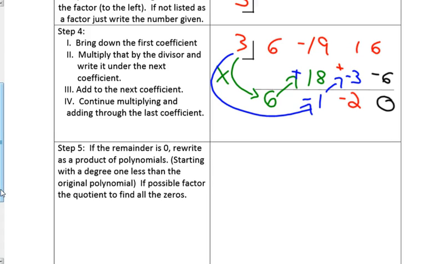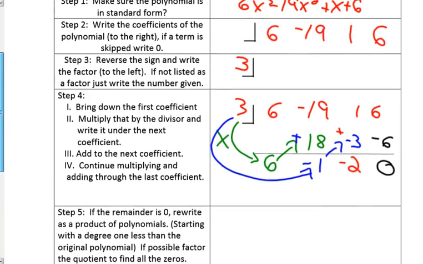Okay, this right here we're adding, right? But what happens when I add a negative number? Negative 19 plus 18. That part you can do in your calculator. Negative 19 plus 18, the signs are different, so I'm subtracting. I keep the sign of the larger number. Or just do it in the calculator. Same thing here. This is addition, but this 6 is negative, so 6 plus negative 6 is 0.